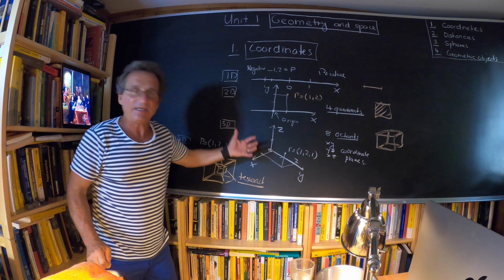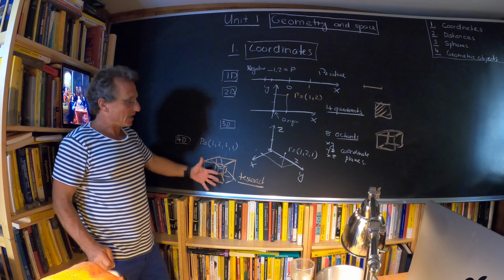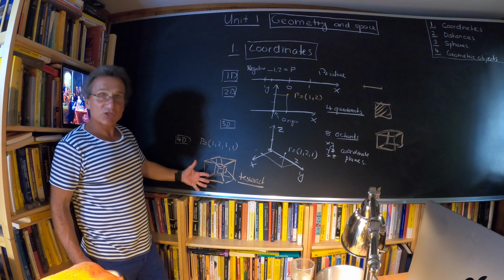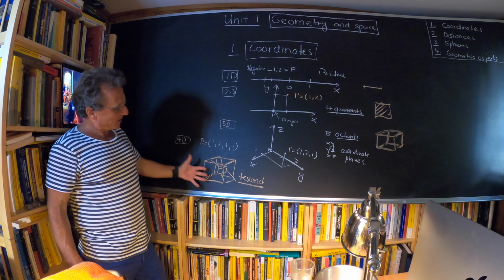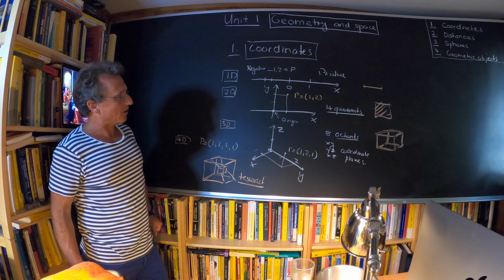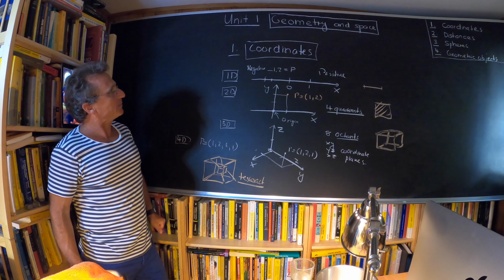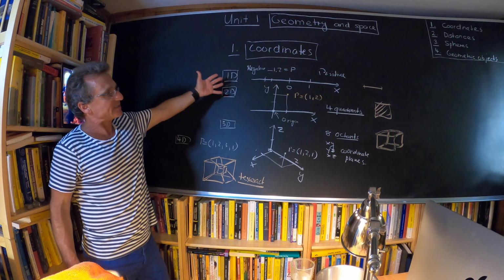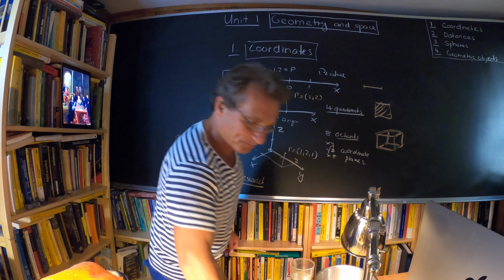In the 1800s, this started to be investigated by Ludwig Schläfli, a Swiss mathematician, and so the name tesseract comes from this time. So that's all about coordinates, and in the next section we look at distances.